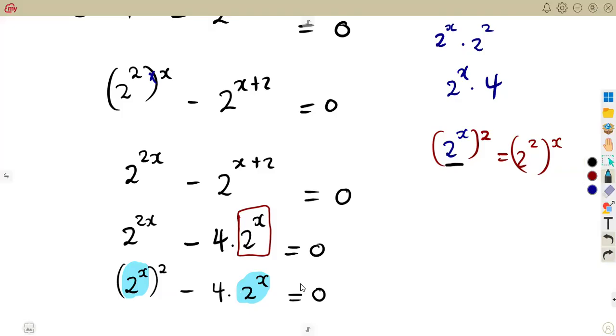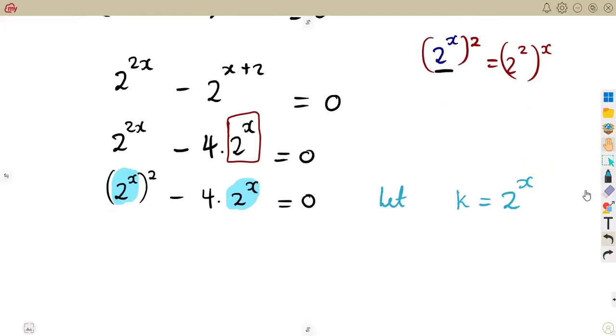We can use it as it is because it's already a quadratic equation, or we can introduce the letter k. Let k be this part, so k is equal to 2 to the exponent of x. Guys, we are now used to this.